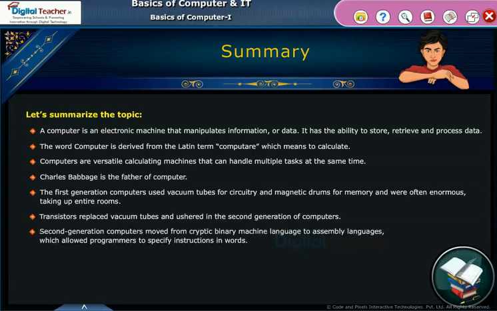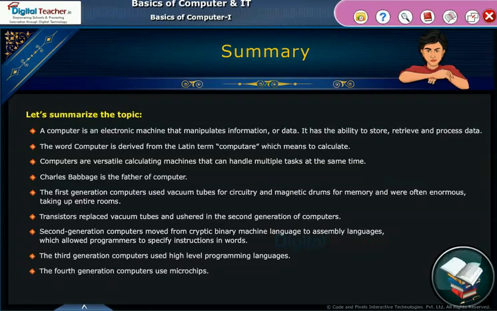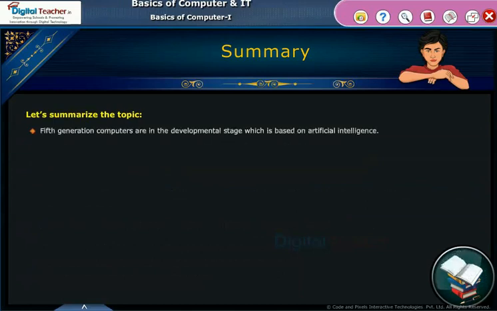Second generation computers moved from cryptic binary machine language to assembly languages, which allowed programmers to specify instructions in words. The third generation computers used high-level programming languages. The 4th generation computers use microchips. 5th generation computers are in the developmental stage, which is based on artificial intelligence.